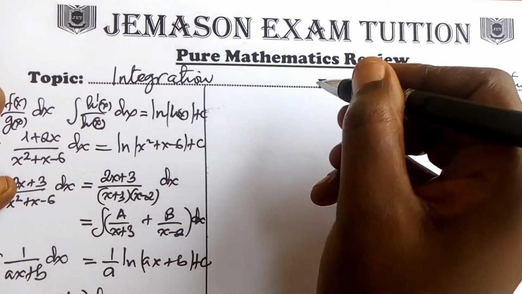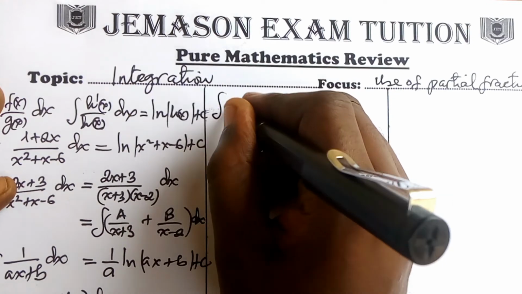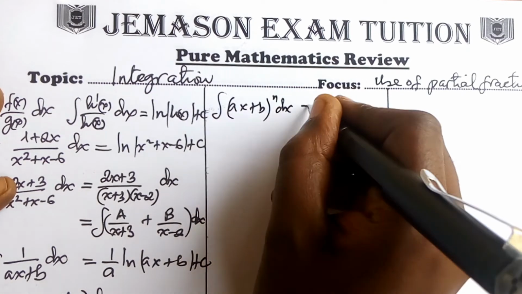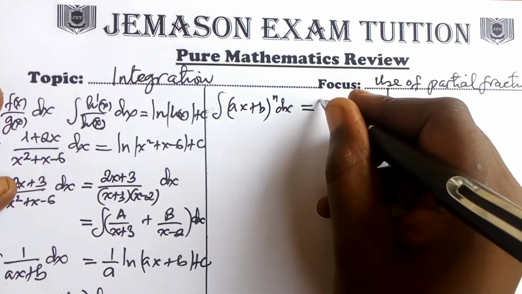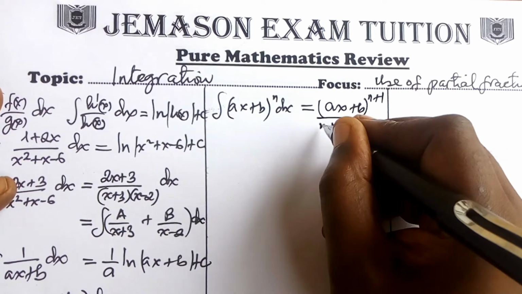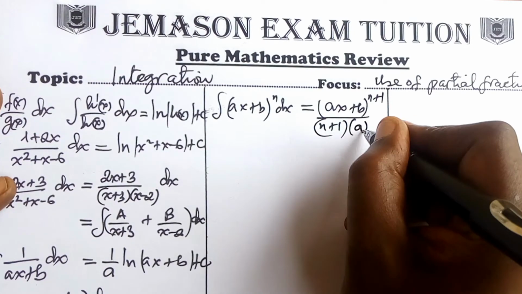In the case where you have repeated factors at the denominator, this integral would be used. It gives ax plus b to the power n plus 1 all over n plus 1 into the differential of the bracket, which is a.